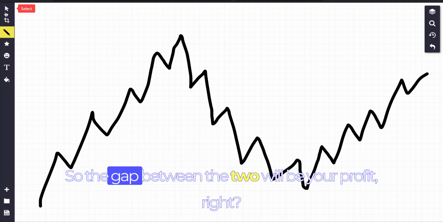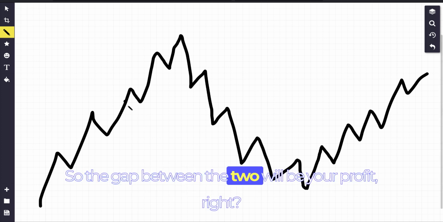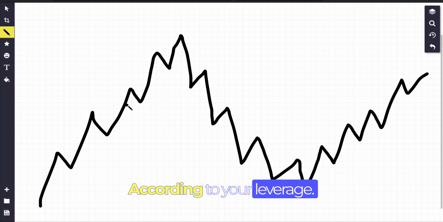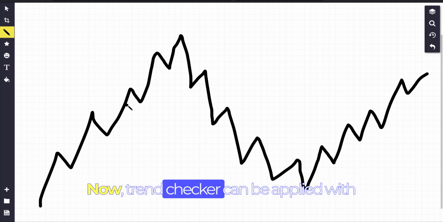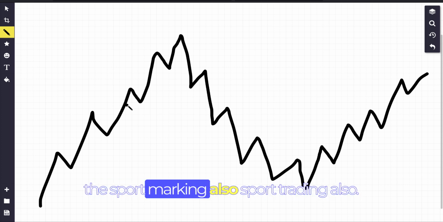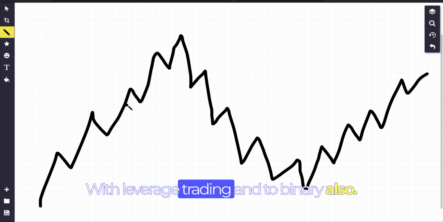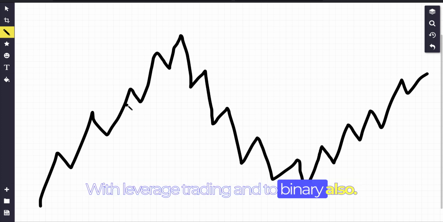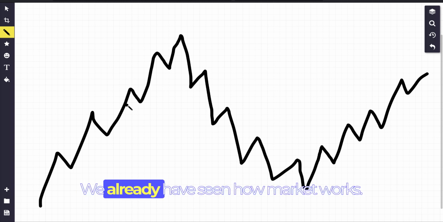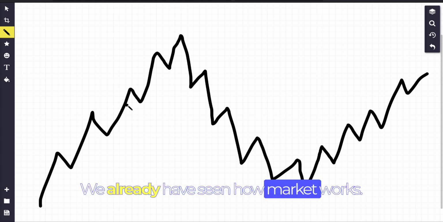So the gap between the two will be your profit, according to your leverage. Now TrendChecker can be applied to spot trading, leverage trading and binary also. We have already seen how the market works.